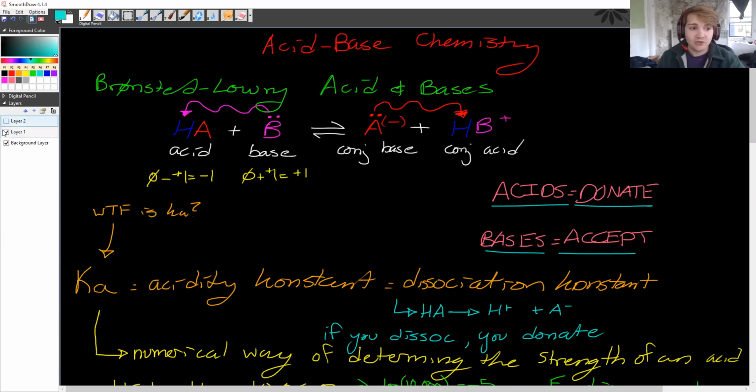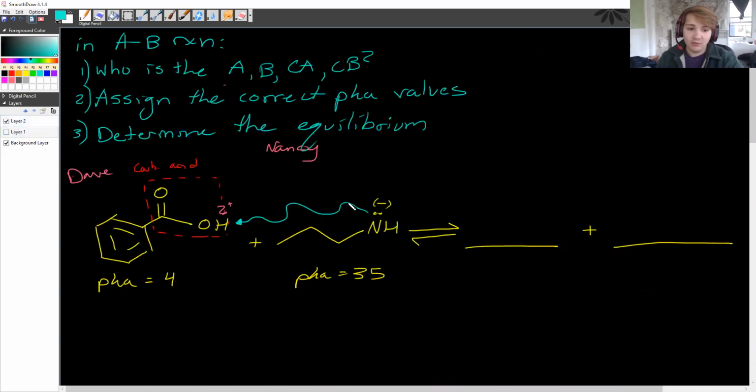So if we go back to our problem, I'll just rewrite what I just said: acids can be positive or neutral, whereas bases are negative or neutral.